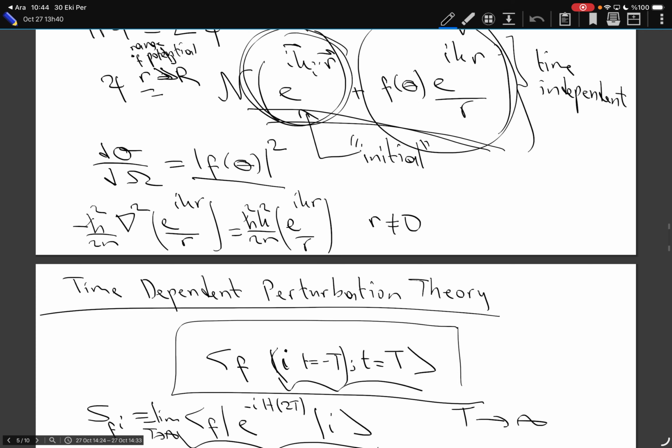Initially I have a state that I create at time minus t, I let it evolve to a later time, and then ask what is the amplitude that the evolved state will be in some momentum eigenstate. So that is basically this matrix element, this overlap amplitude.